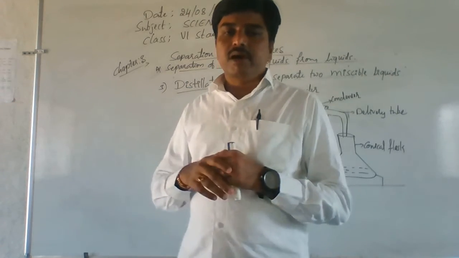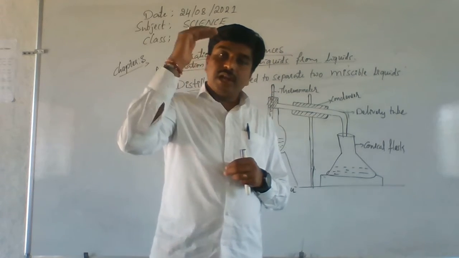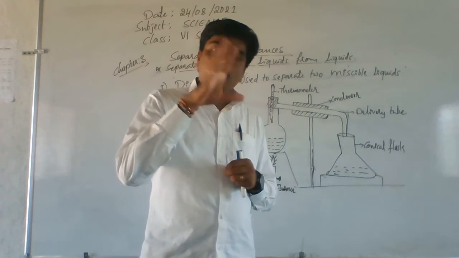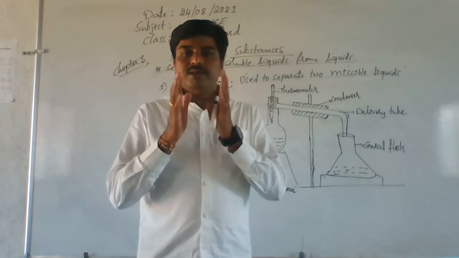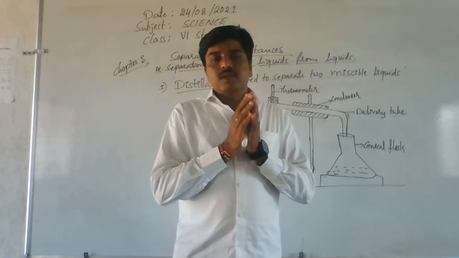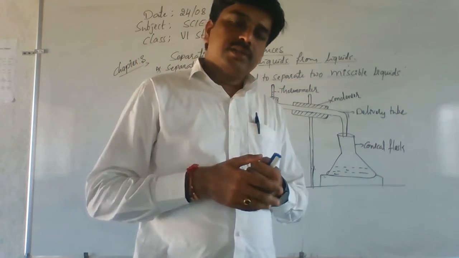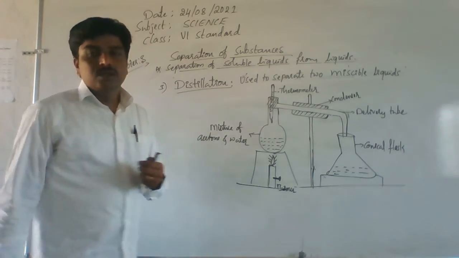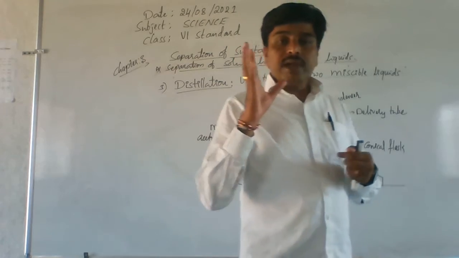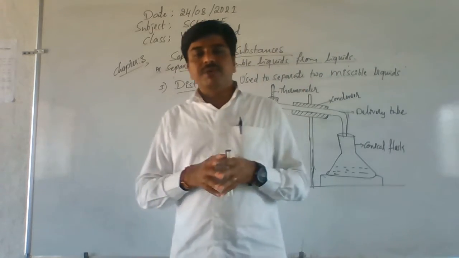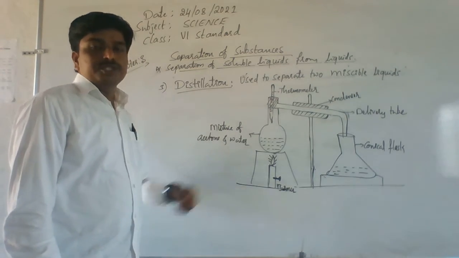Boiling point is the temperature at which the liquid starts to boil. All liquids have their own specific boiling points. Depending upon their boiling points, we can separate miscible liquids from a mixture by using distillation.